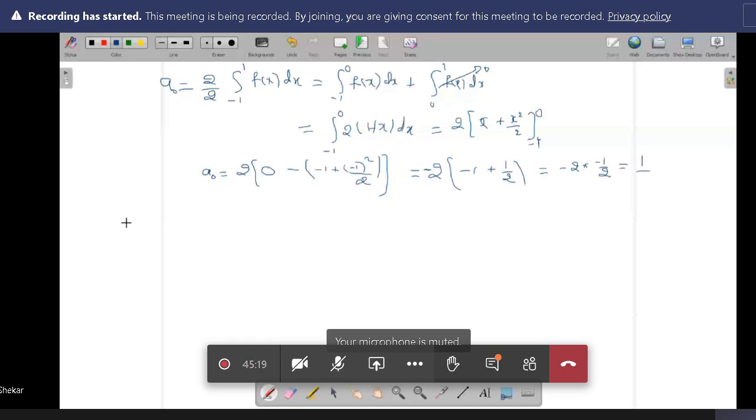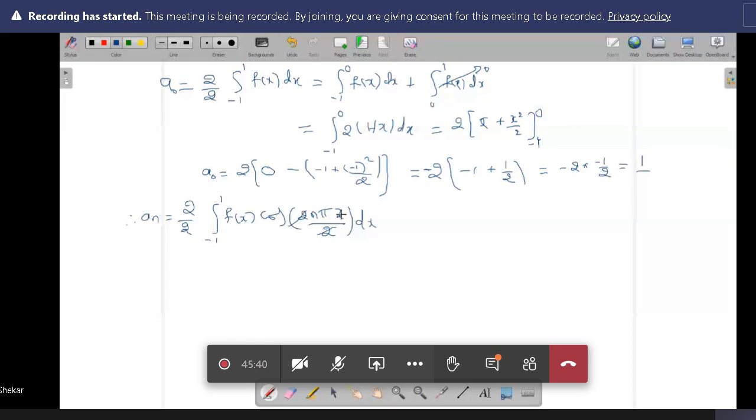Okay, then I need to find an. So an is 2 by 2, integration from minus 1 to 1 f of x into cos 2n pi x by 2 into dx. So 2 to cancel.